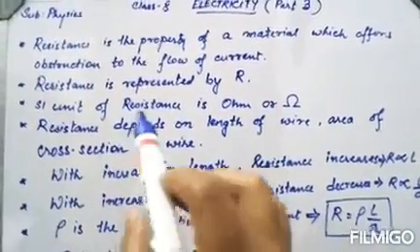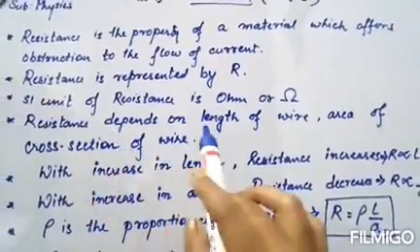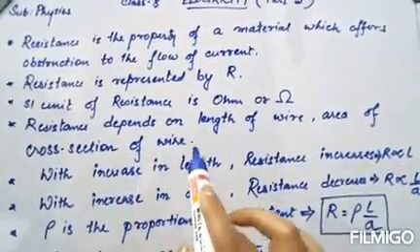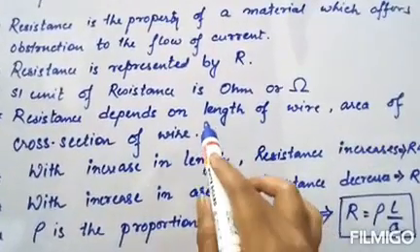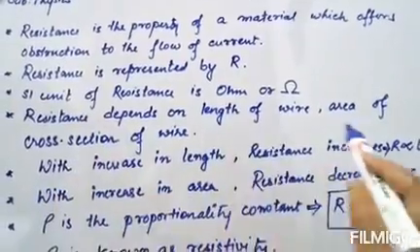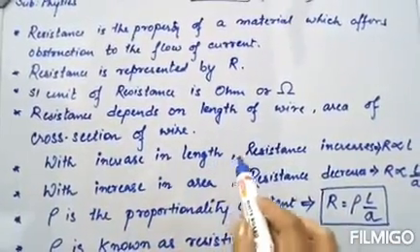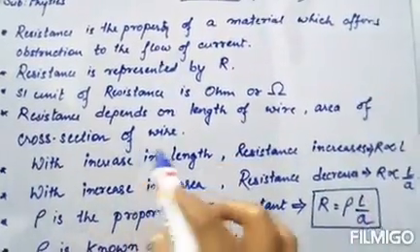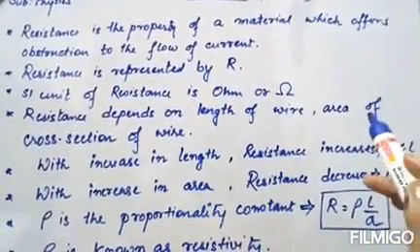Next, resistance depends on the length of the wire and area of cross section of the wire. Which wire? The wire through which current is flowing. With increase in length, resistance increases. More is the length of the wire, more will be the resistance. And why is it so?